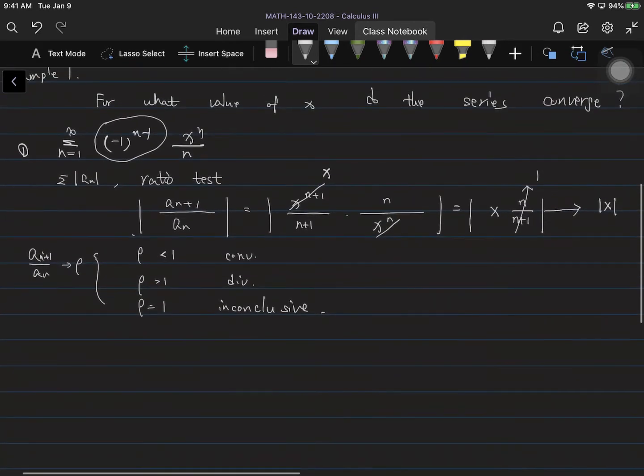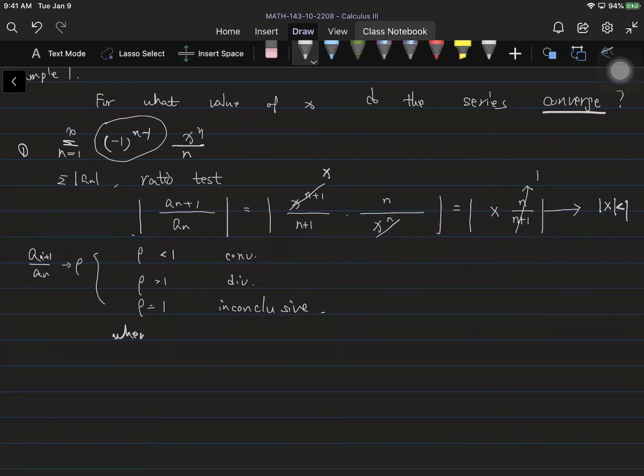In our case, we are looking for what values of x make the series converge. So we are looking for the x values that make rho less than 1.